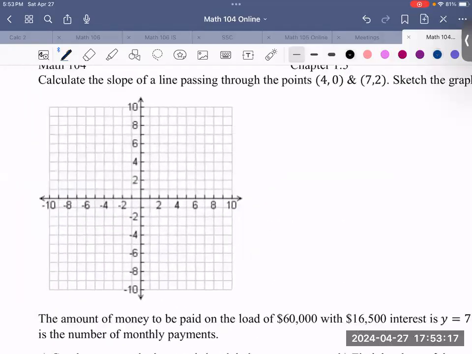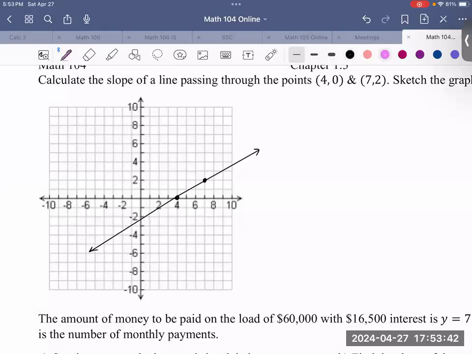So we can graph these points, 0, 4 right here and 7, 2 right there. Okay, so this is our line as best as I could draw it.